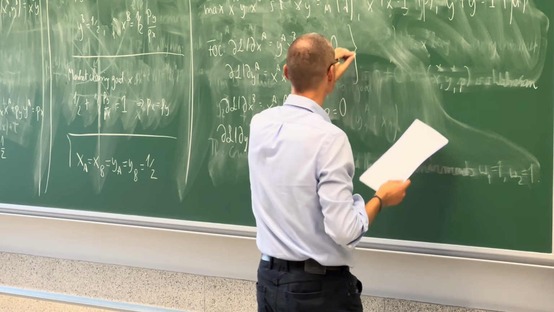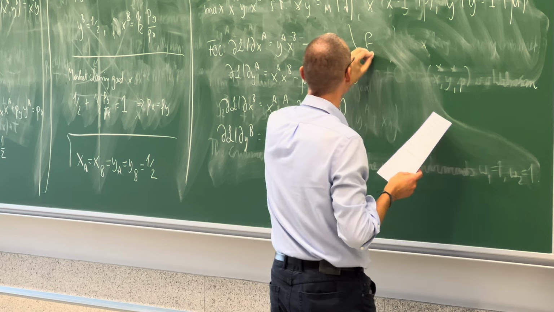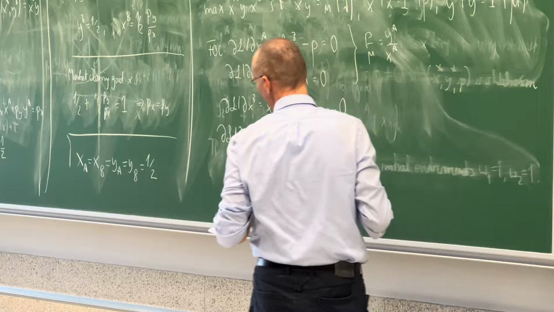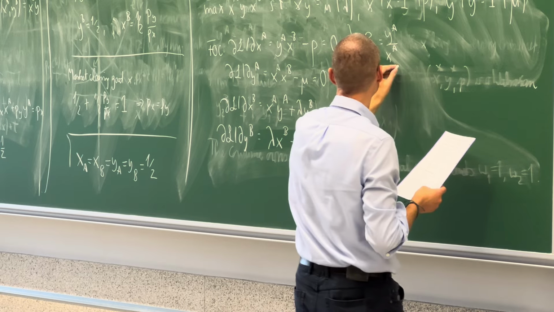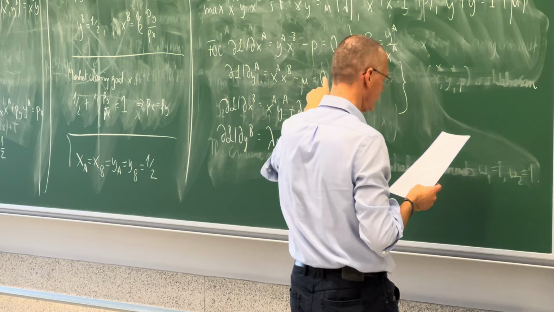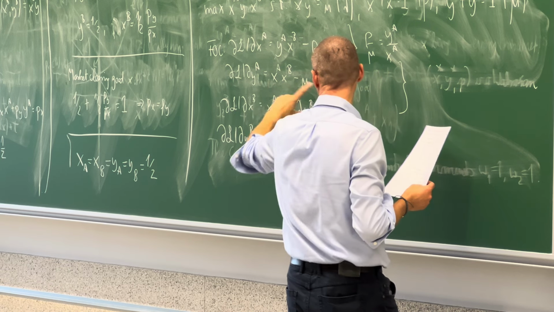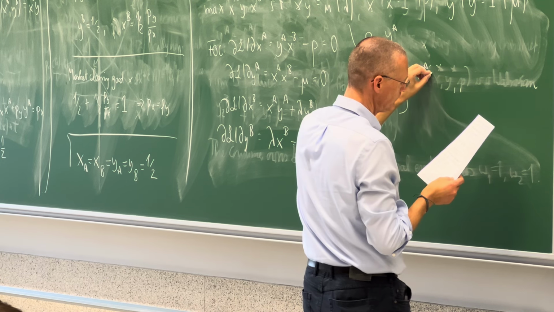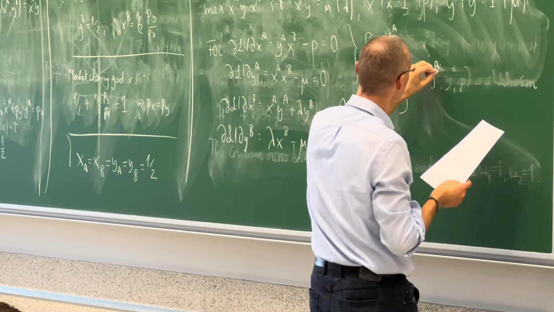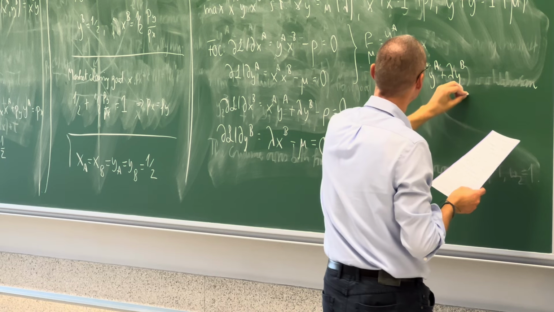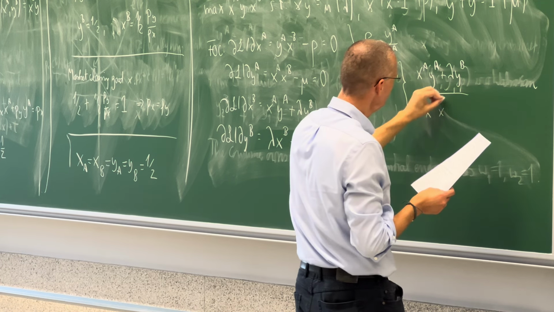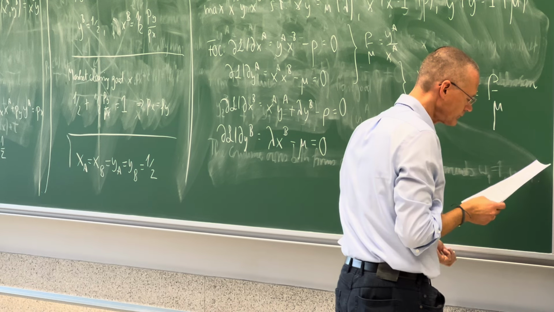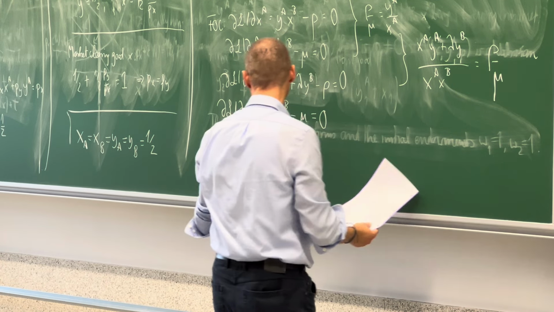We combine these two and get a ratio of rho over mu, which is YA over XA, the marginal rate of substitution from before. This we combine with the equations here, these two, this one and this one. Then we combine 2 and 4.